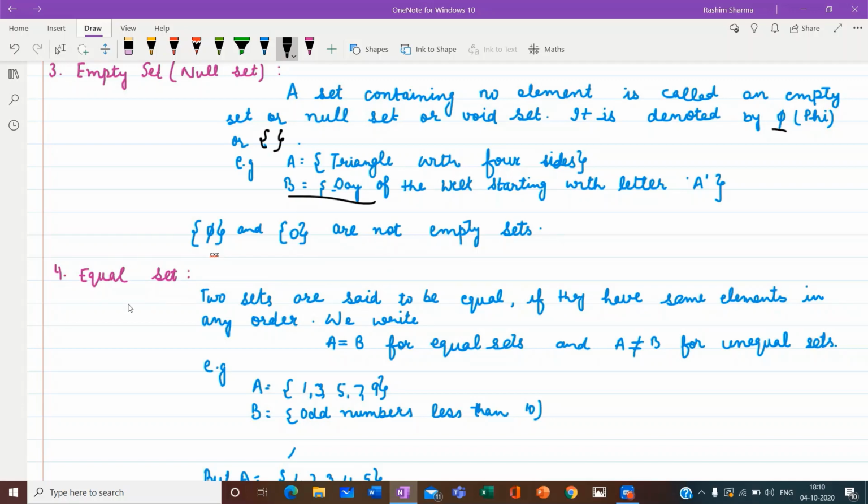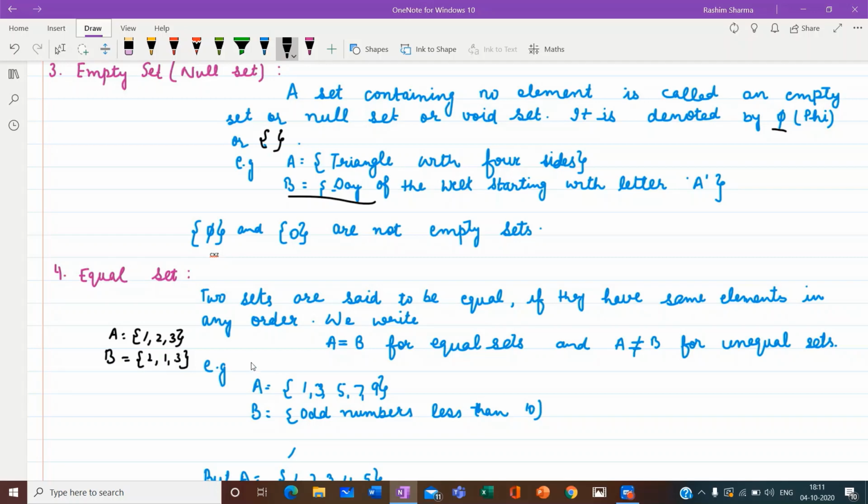Next type is equal sets. Two sets are said to be equal if they have the same elements in any order, means if two sets have the same elements irrespective of the order of the elements. For example, if we write set A with elements 1, 2, 3 and B is a set with elements 2, 1, 3, now sets A and B both have the same three elements.